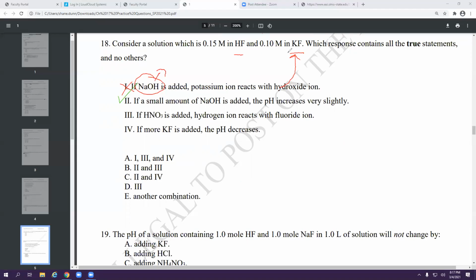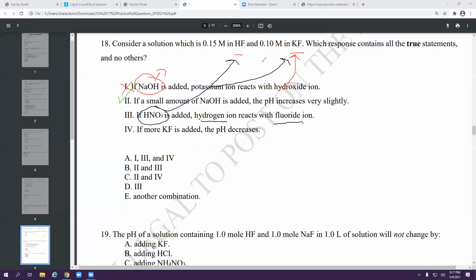If HNO3 is added, hydrogen ions react with the fluoride ions. So that's an acid, right? HNO3 is an acid. Is it going to react with the acid or the conjugate base? It's reacting the hydrogen ions with the fluoride ions, right?